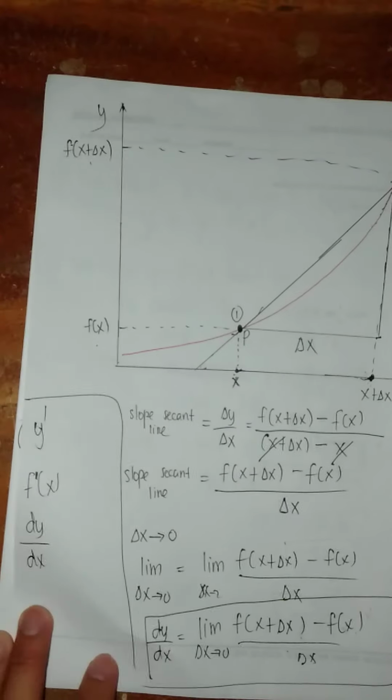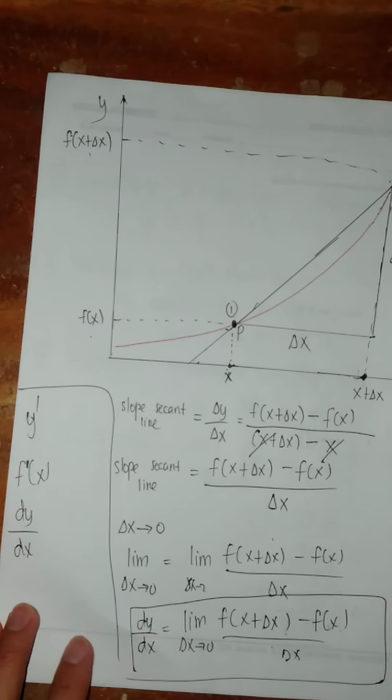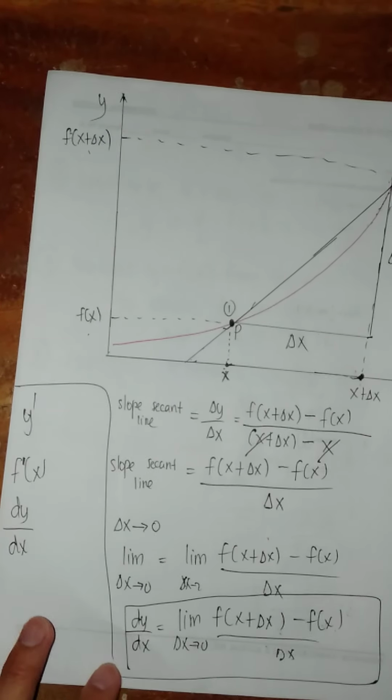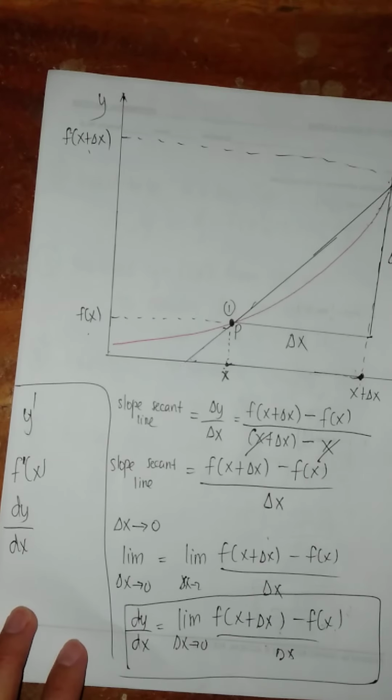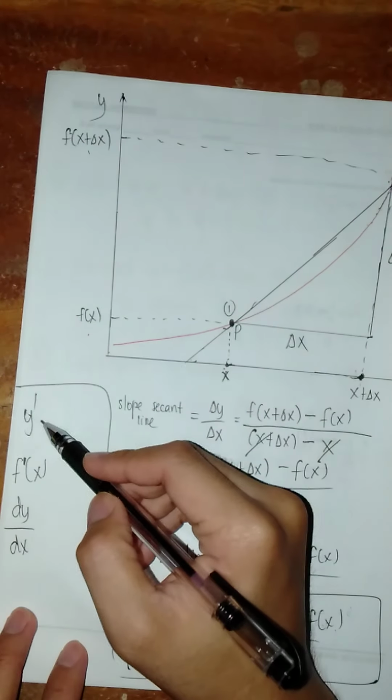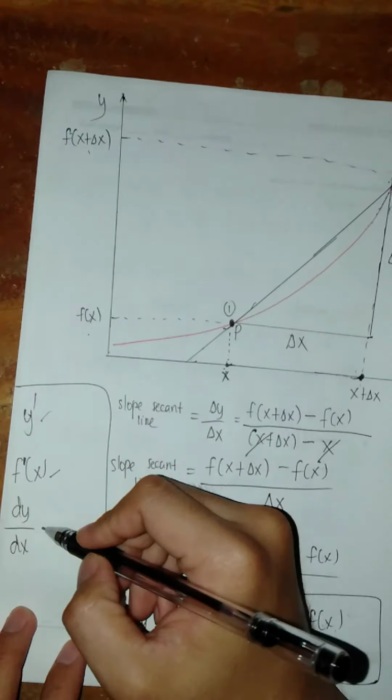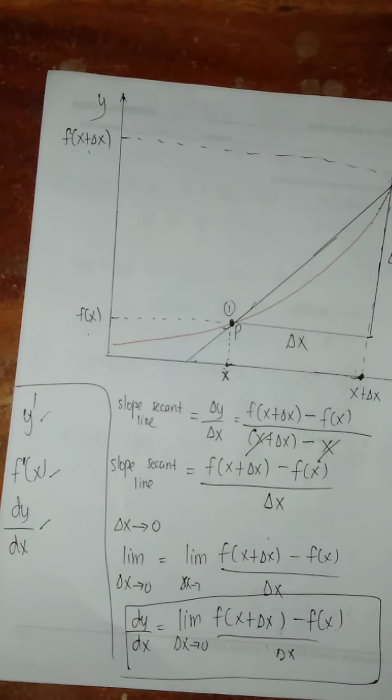Those are the notations usually used if you're going to get the derivative of your function. So when you see y prime, f prime of x, or dy over dx, it means derivative.